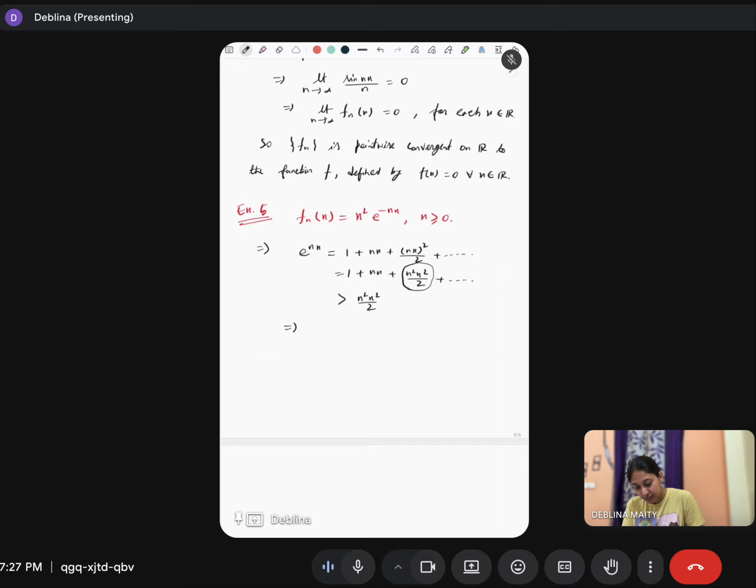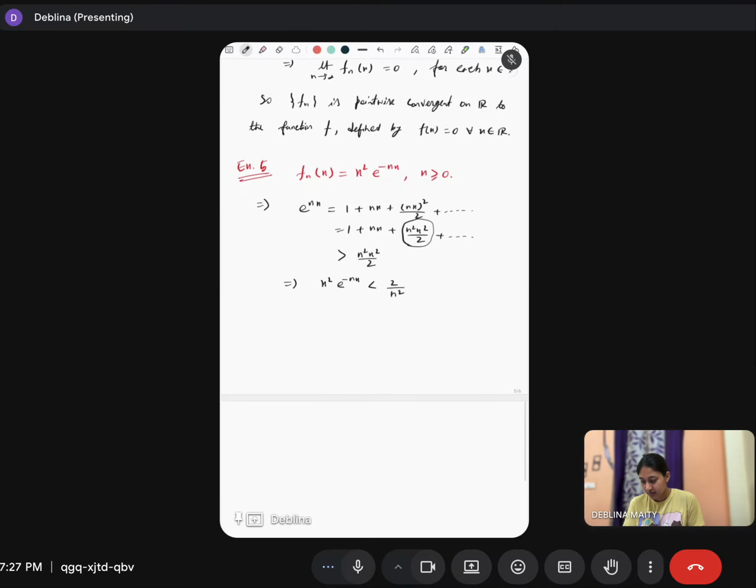So this implies x squared e to the power minus nx is less than 2 by n squared. So this implies 0 is less than or equal to x squared e to the power minus nx, which is our f_n(x), which is strictly less than 2 by n squared.